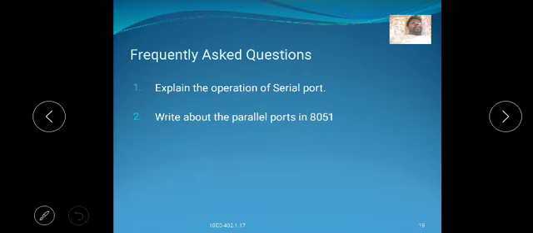Write about the parallel ports in the 8051.